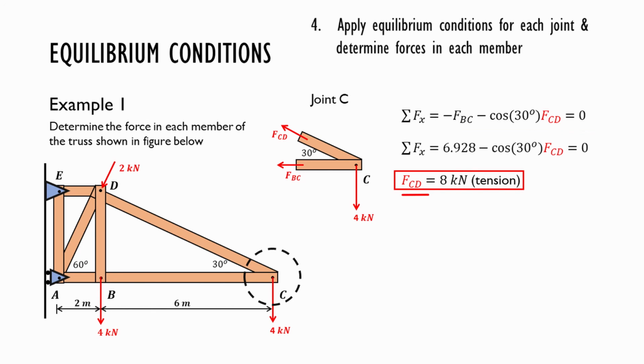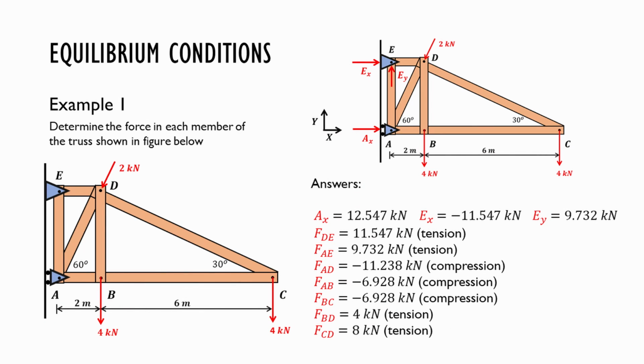Thus, FCD is equal to 8 kilonewton. Since it's positive, it's in tension. Now, we have found every single force in each member. Notice that we don't need to apply equilibrium conditions to joint D anymore, because all forces will automatically satisfy the conditions. But during the exam, you can use joint D to verify if your answers are correct.